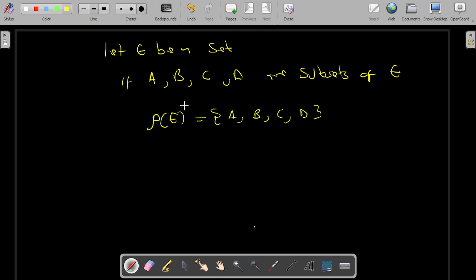Because A, B, C, and D are subsets of the set E, this set P of E is going to be the set of all the subsets of the set E.